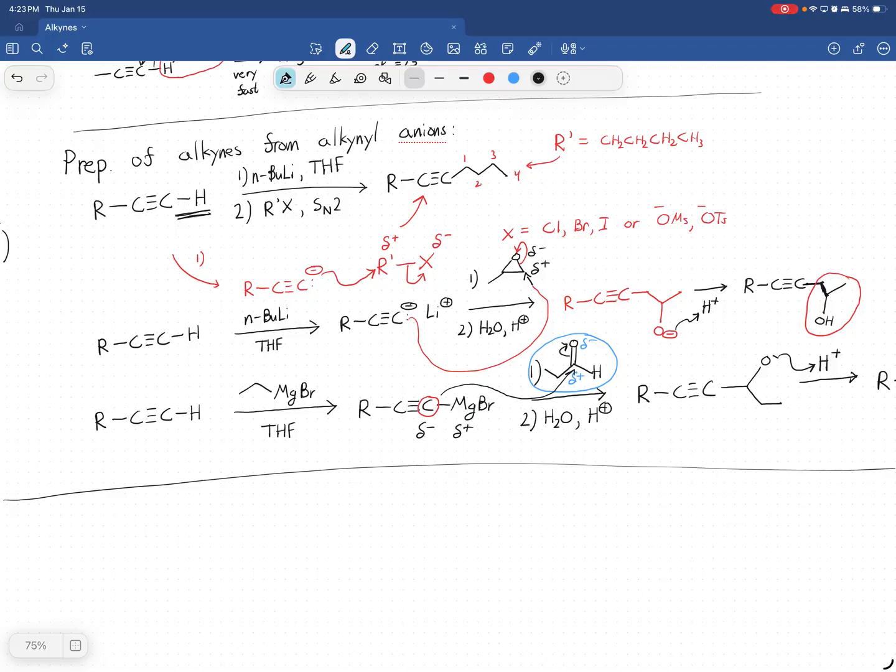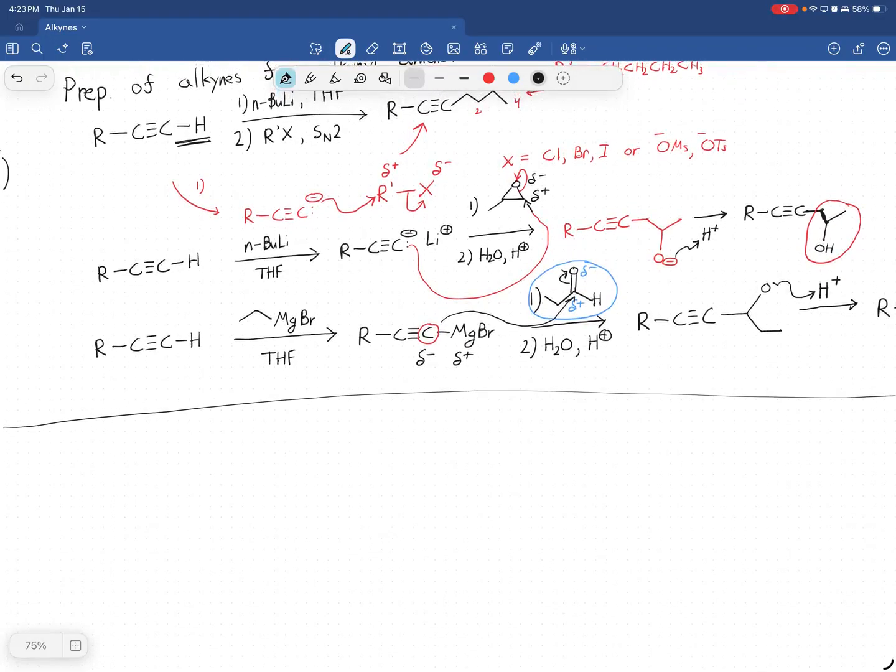We are no longer interested in making alkynes. We are now interested in reacting them. So, reactions of alkynes. I want you to separate these two divisions of reactions.